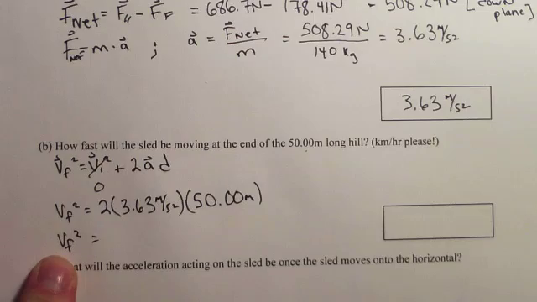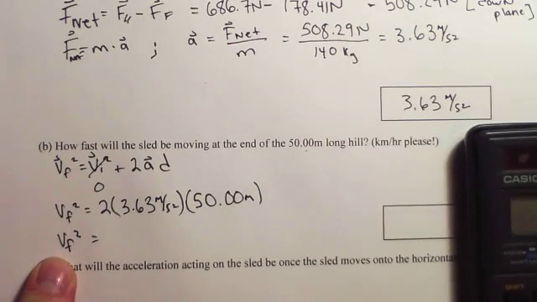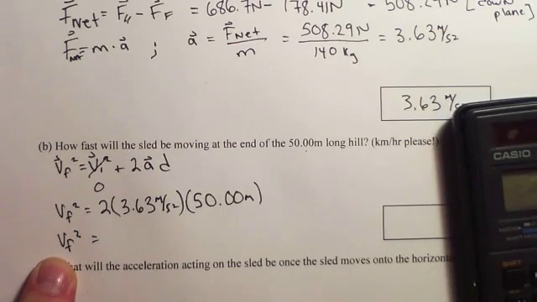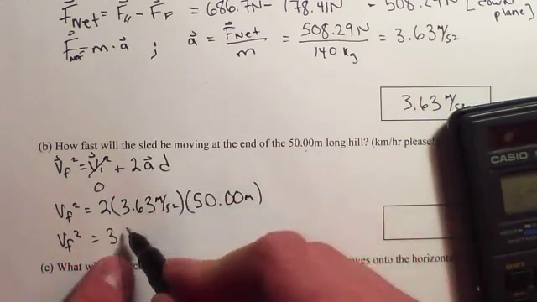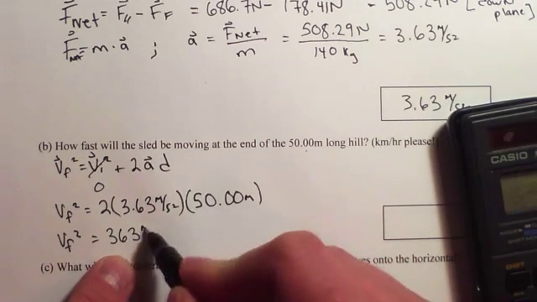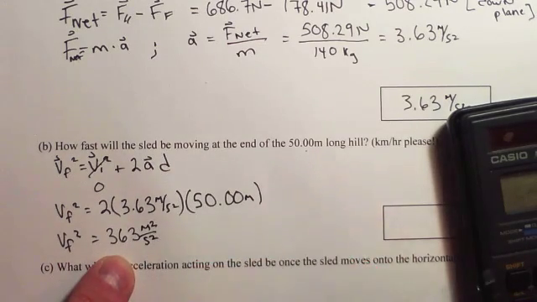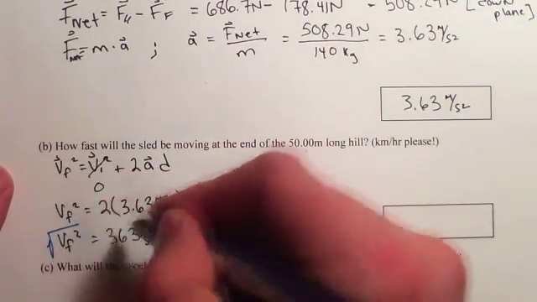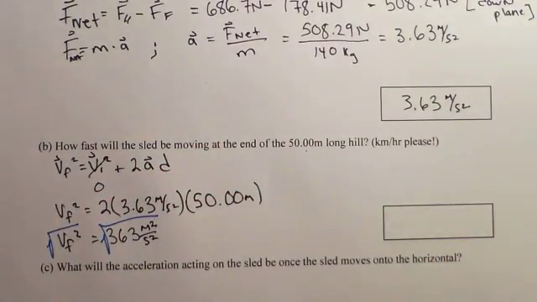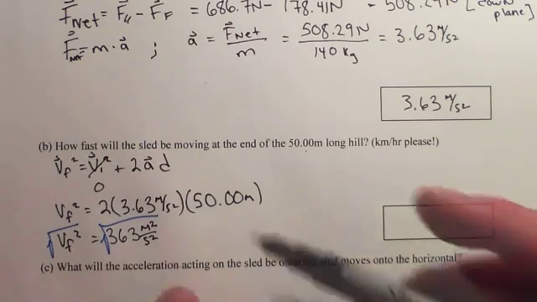So Vf squared is 2 times 3.63 times 50, which is equal to 363 meters squared per second squared. And I'm just going to take the root of both of those sides.